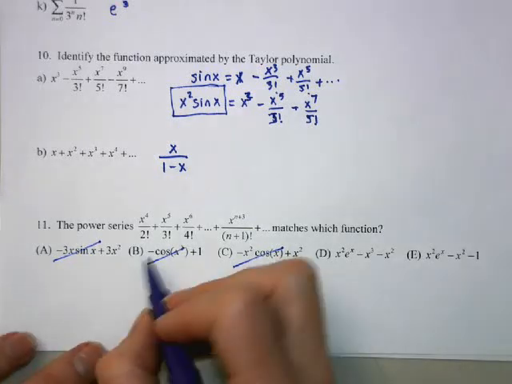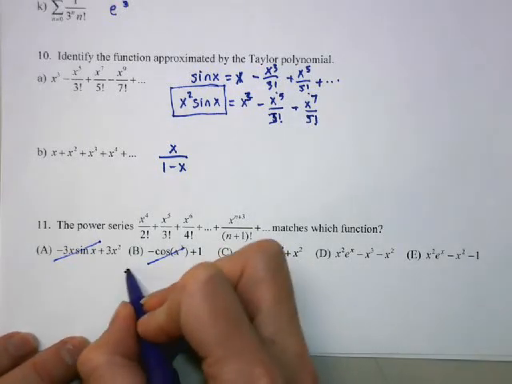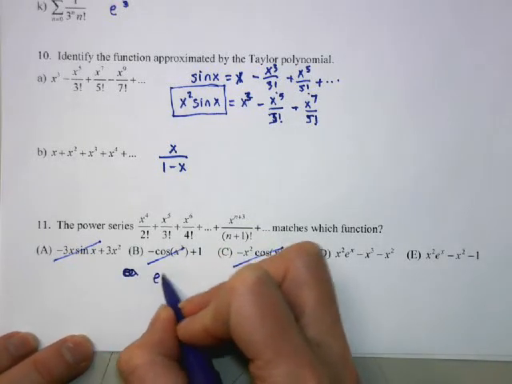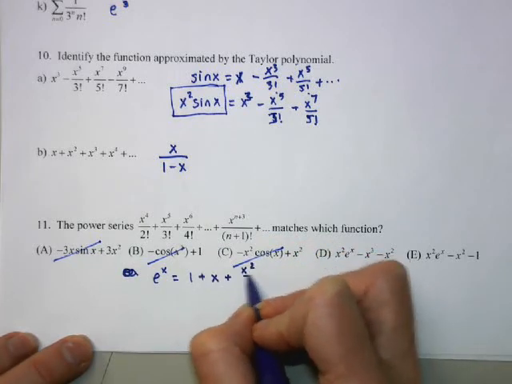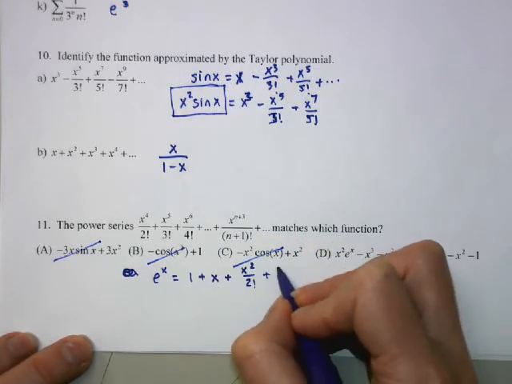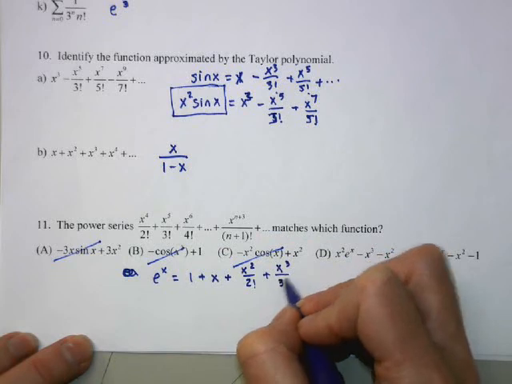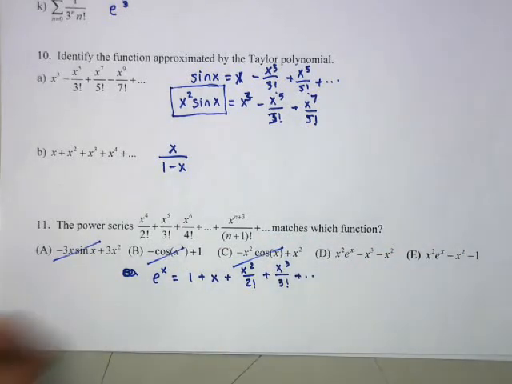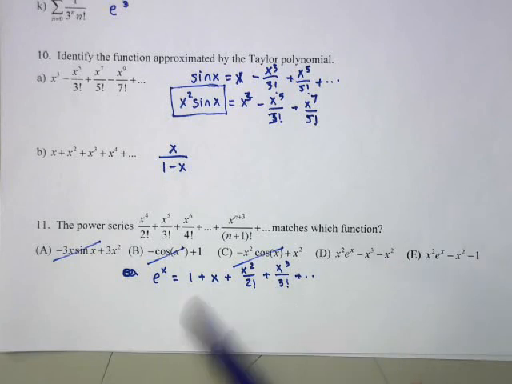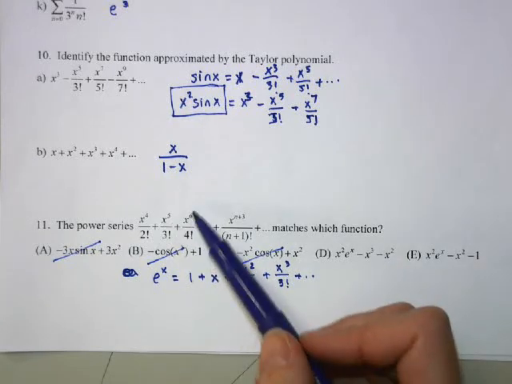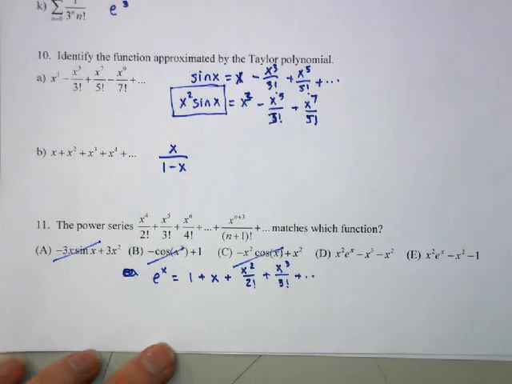So let's look at the manipulation. E to the x is 1 plus x plus x squared over 2 factorial plus x cubed over 3 factorial. Okay. Well, my powers are all 2 higher than their denominator.